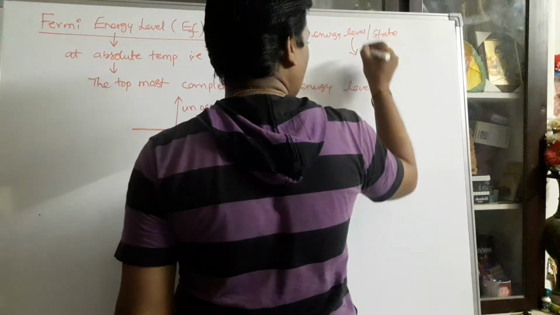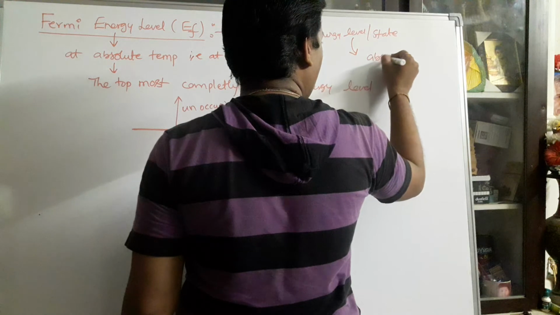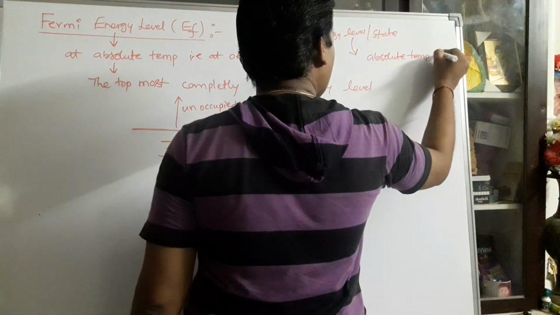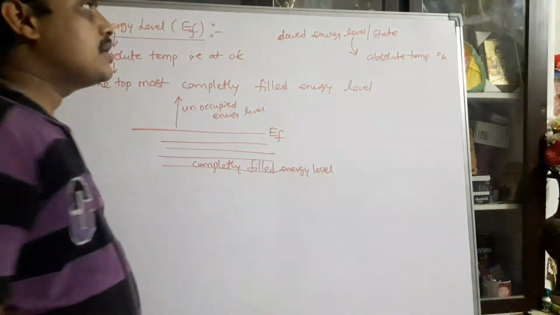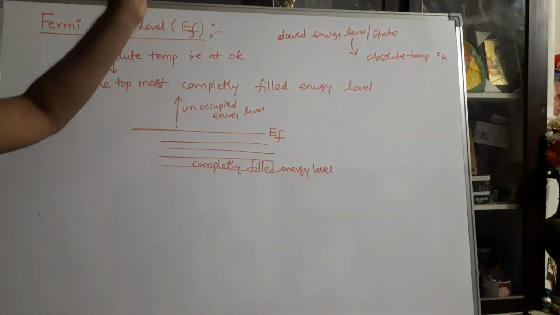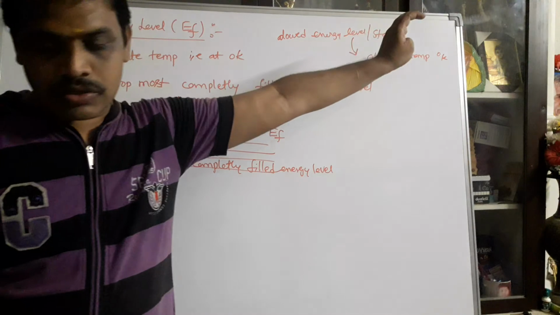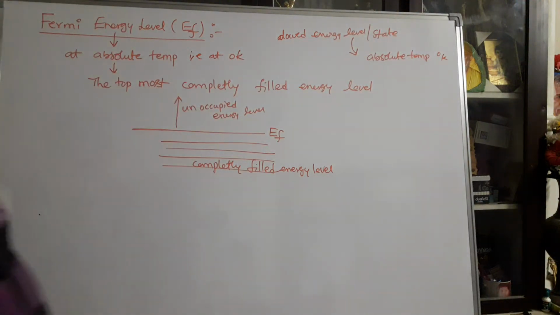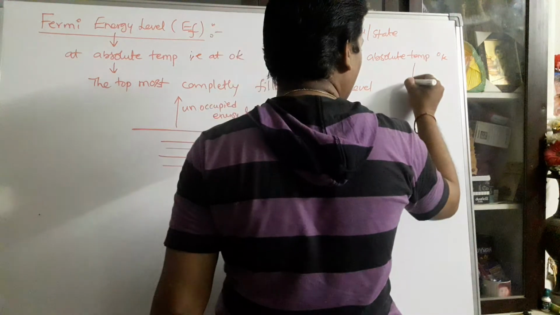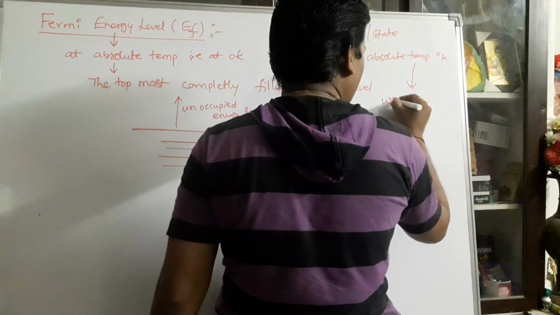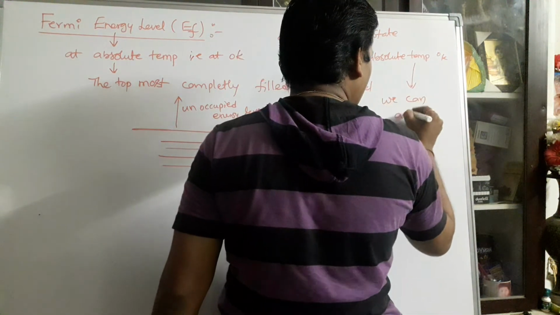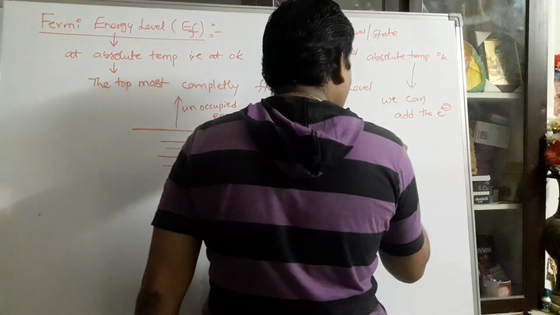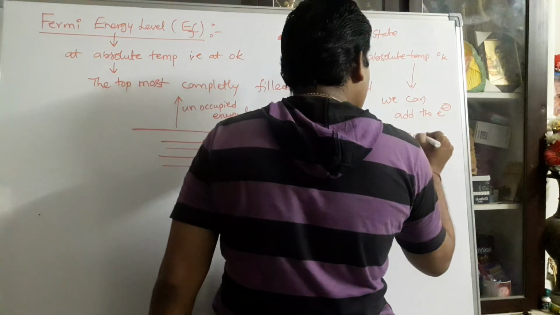These energy levels can be taken at absolute temperature, nothing but 0 Kelvin. So at 0 Kelvin you can assume allowed energy levels. At this condition you can add the electrons to the energy levels.